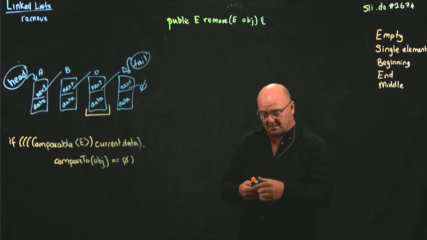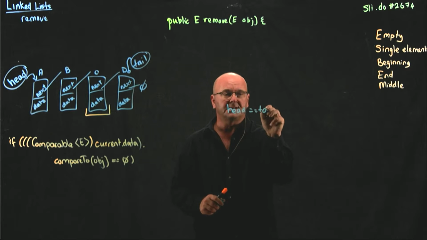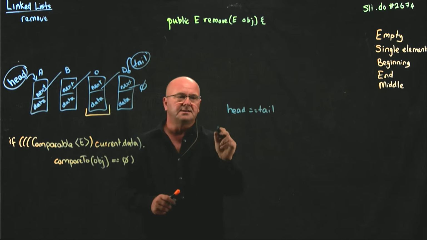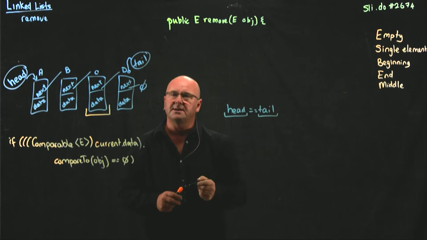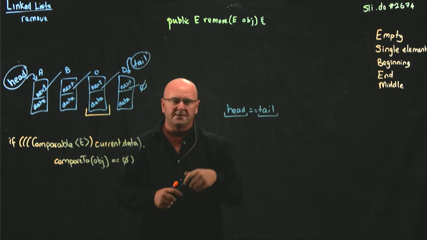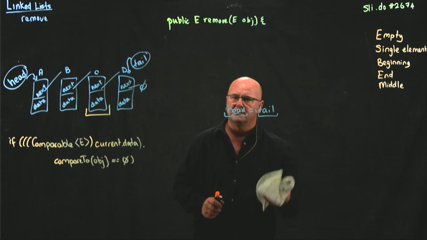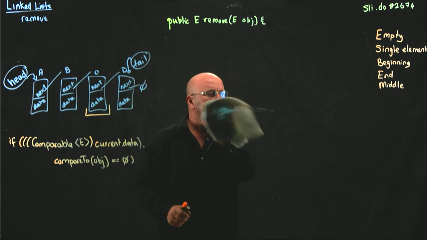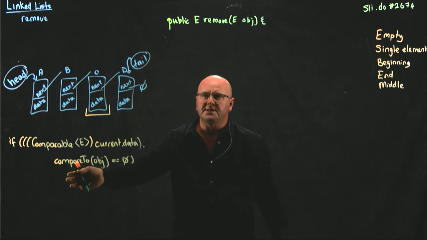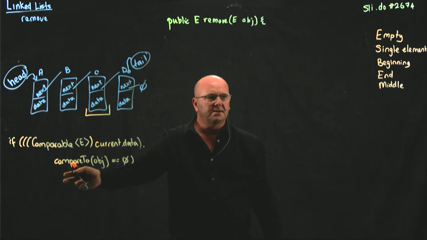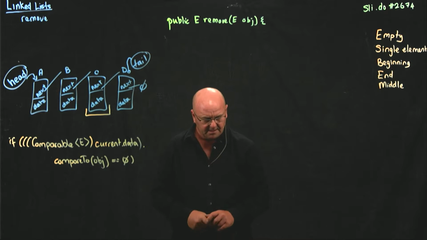When we used head equals tail, that's exactly what we're doing, by the way: we're comparing whether the memory location of head and the memory location of tail are the same. And if they are, then we know that we're pointing to a single element list. But we don't want to do that generally. We want to make sure that the people that use our data structure write a compareTo method.